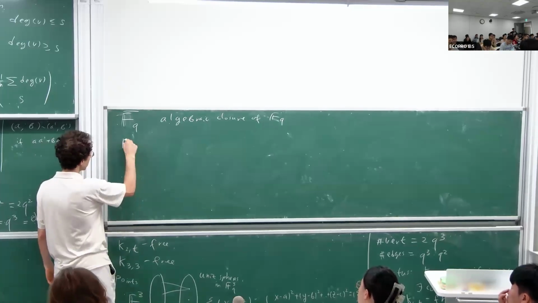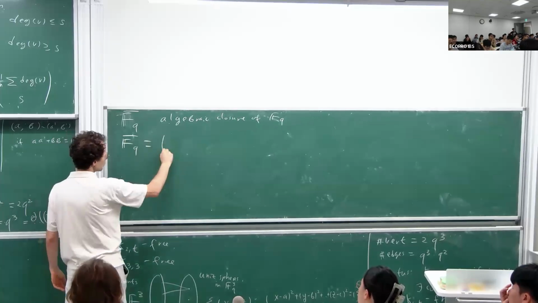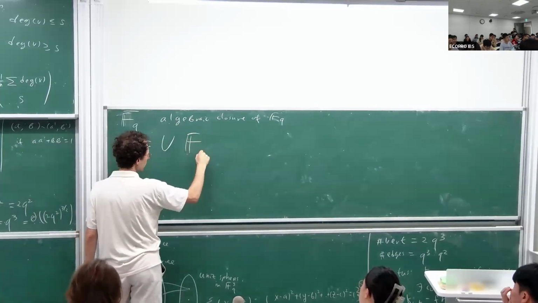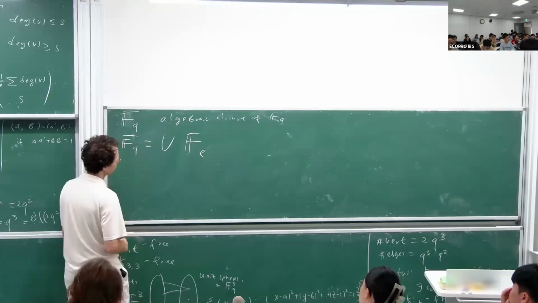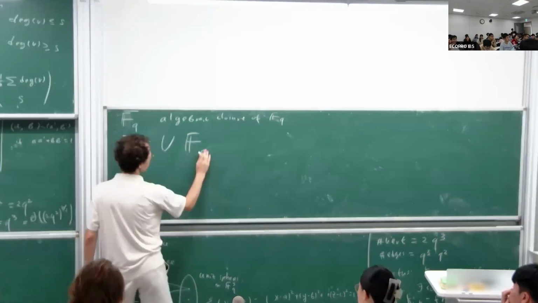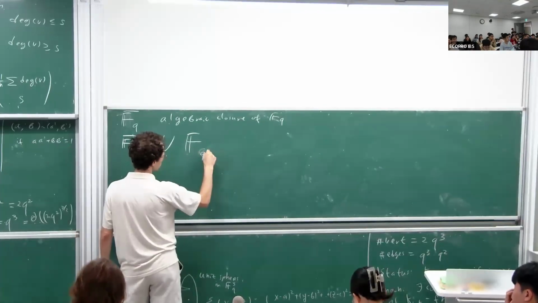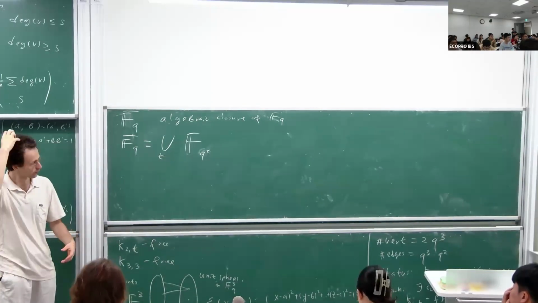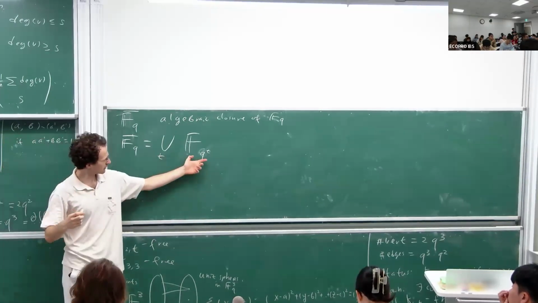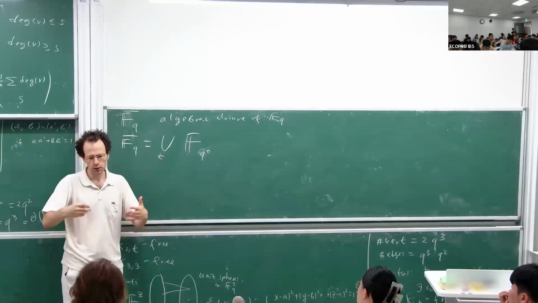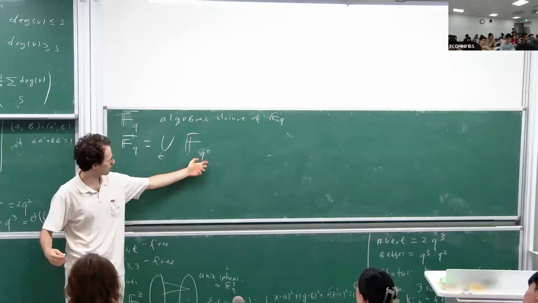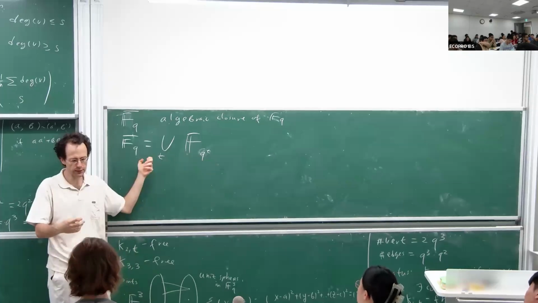A more concrete way, if you prefer: F_q bar is just a union of all extensions F_{q^k}. Remember, the finite fields are nested. If I find a finite field whose number of elements is the square of q, it contains F_q, and so forth.